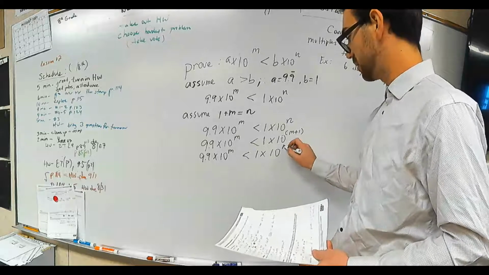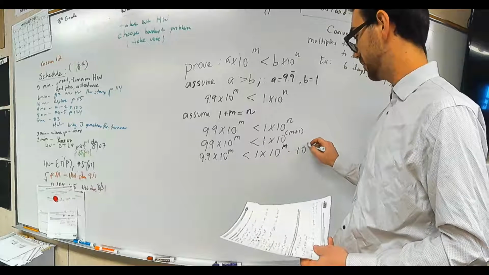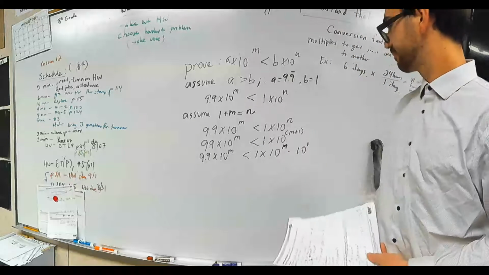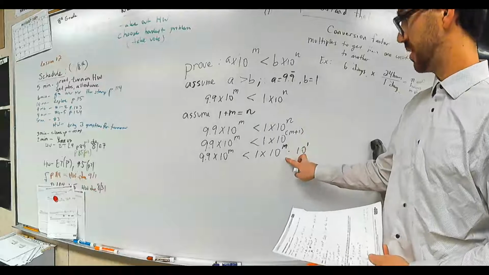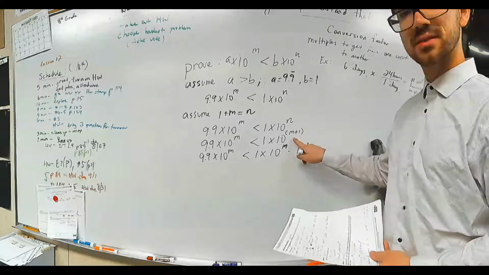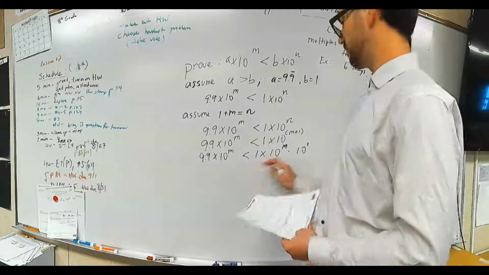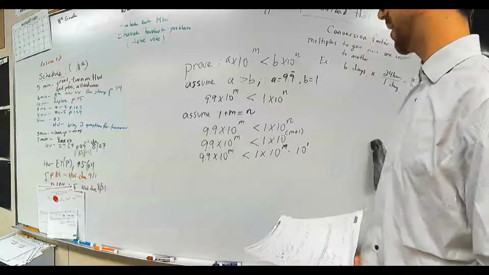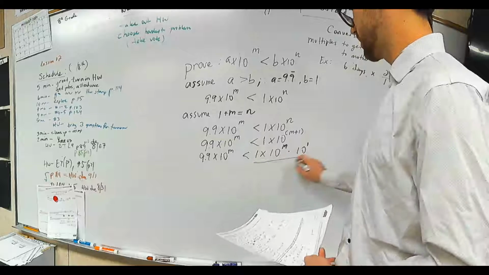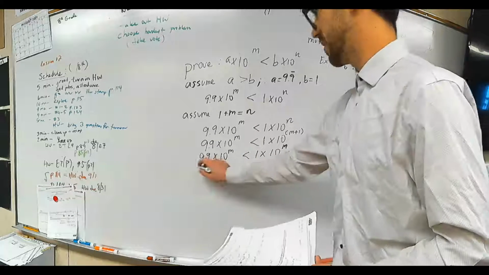So the reverse would be 10 to the power of m times 10 to the power of 1. Going from here, the reverse would be this. Okay. Now we have this. Let's go ahead and divide both sides by 10 to the power of m. Make it simpler.